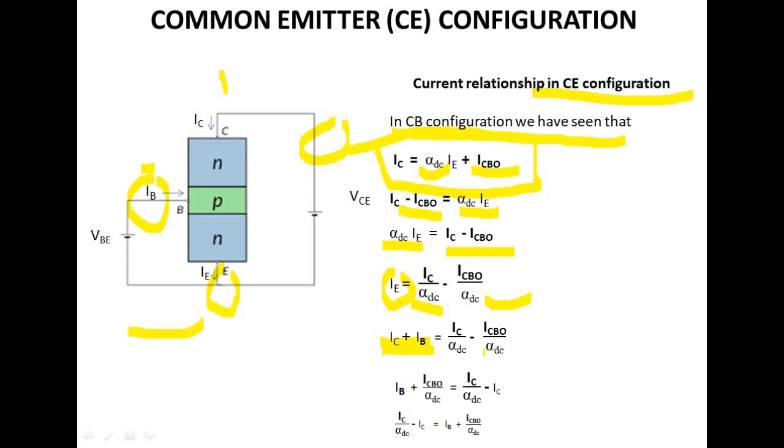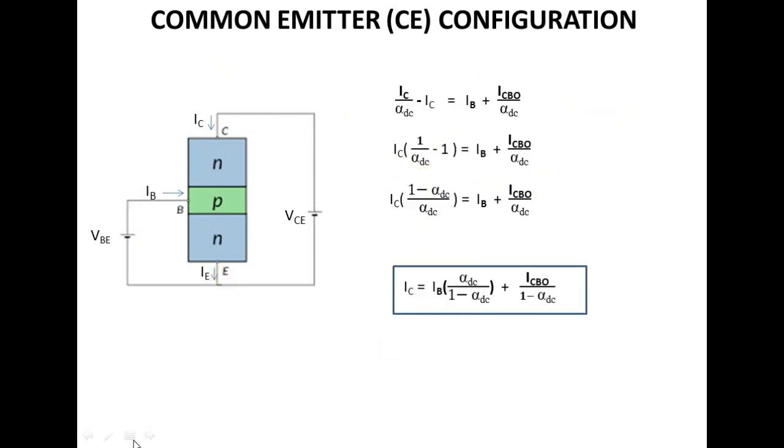Now IB plus ICBO upon alpha DC is equal to IC upon alpha DC minus IC. So we get IC upon alpha DC minus IC is equal to IB plus ICBO upon alpha DC.